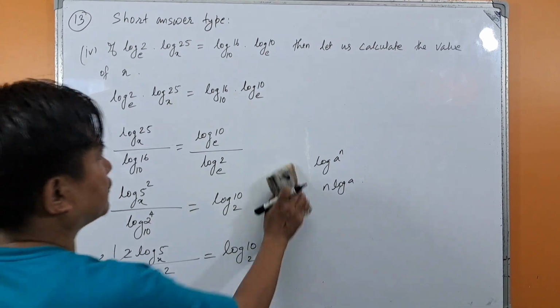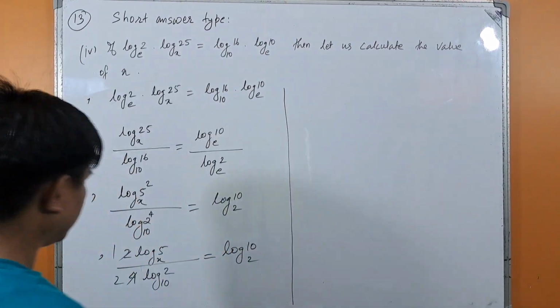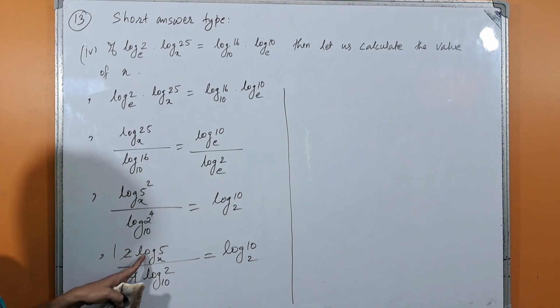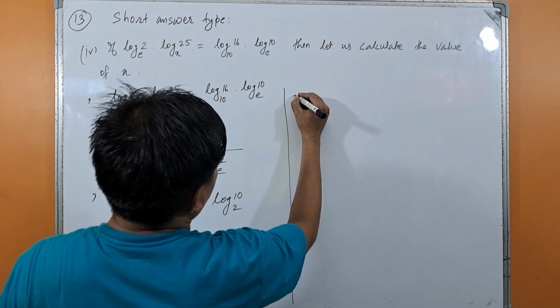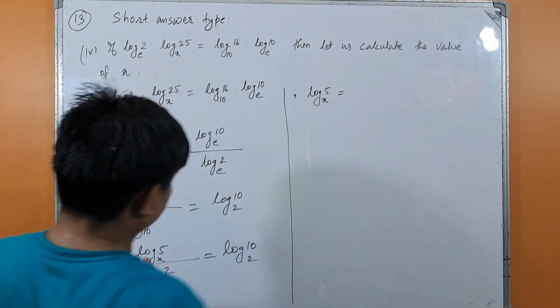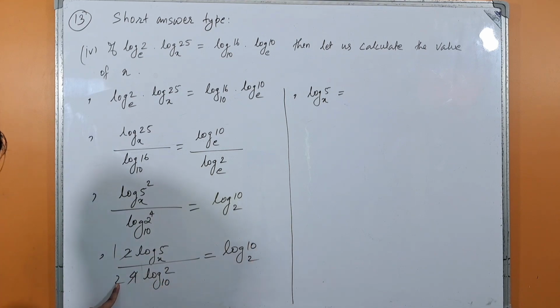Now let me continue here. So we have log 5 to the base x. 1 into log 5 to the base x is log 5 to the base x. In the right hand side we have log 10 to the base 2. First we take this 2 to the right hand side.